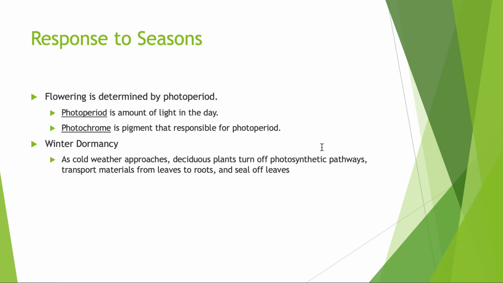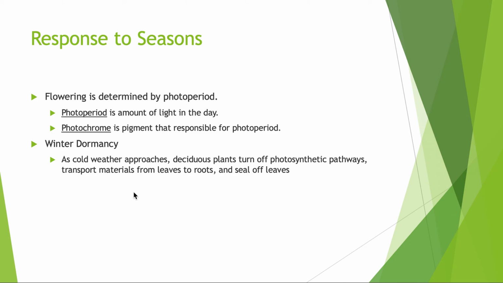So that's the chlorophyll and chloroplasts located in the leaves. They transport materials from the leaves to the roots and seal off the leaves. That's why they end up shedding: they die out and they fall.